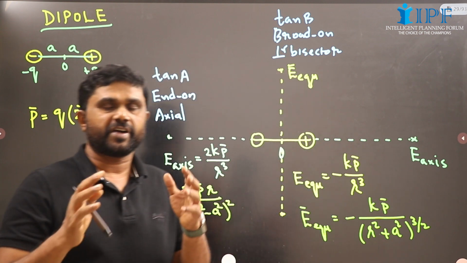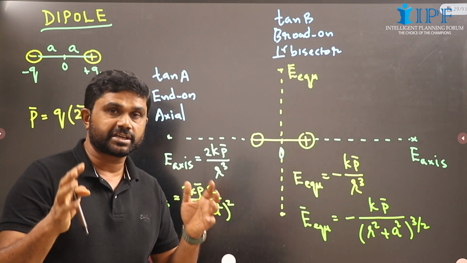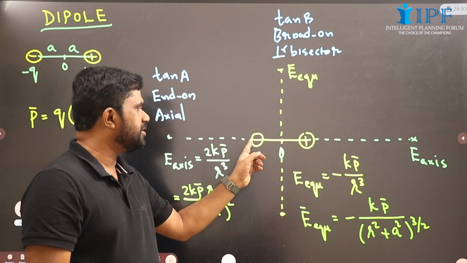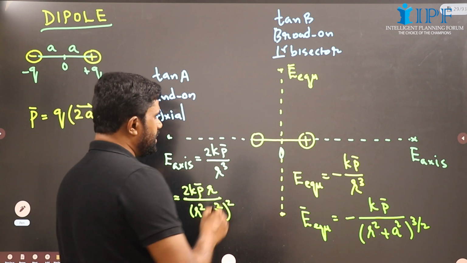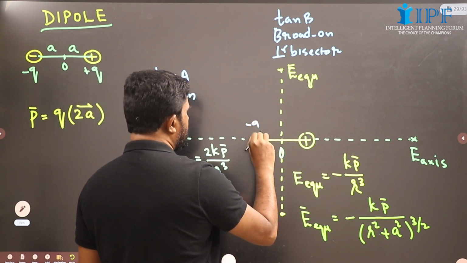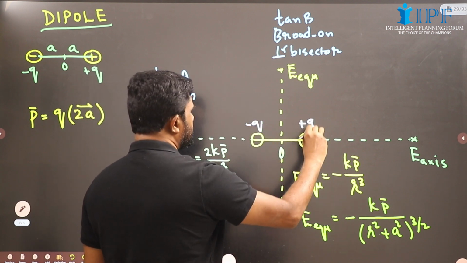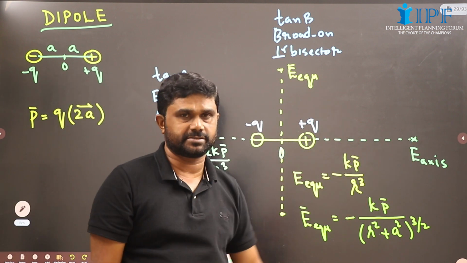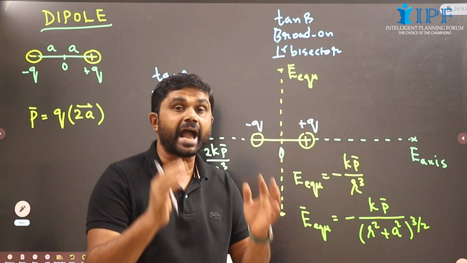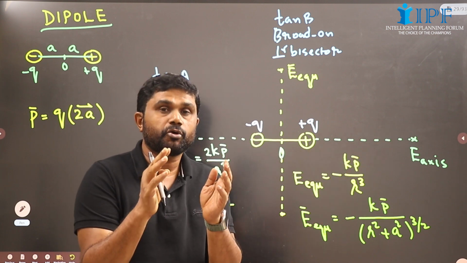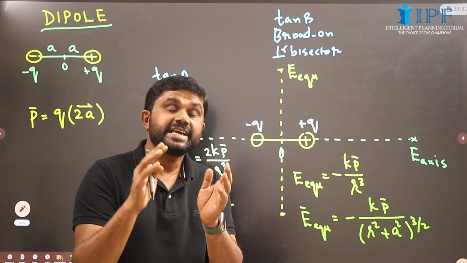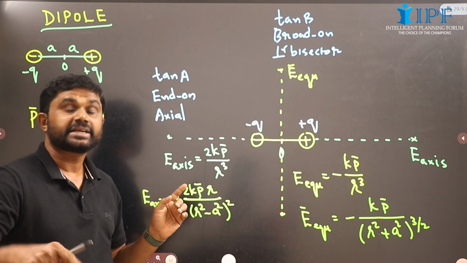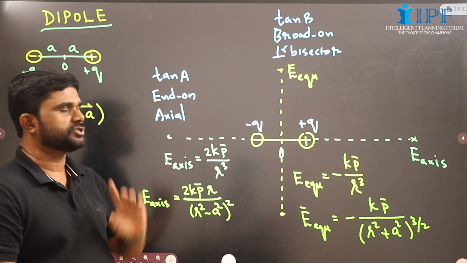Now let us find the intensity of electric field due to an electric dipole. See, here is the dipole, negative charge and positive charge. Suppose this negative charge is minus q and positive charge is plus q. See, this is a point along its axis. So this position is called axial position, or it can also be called end-on position, or tan A position.